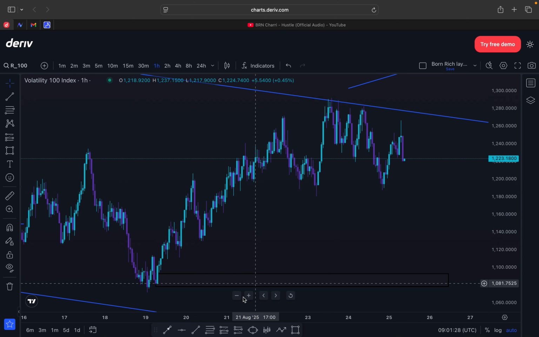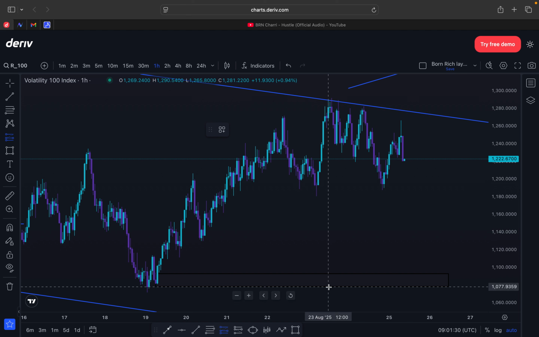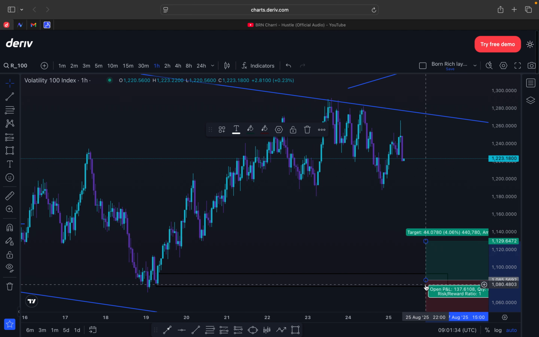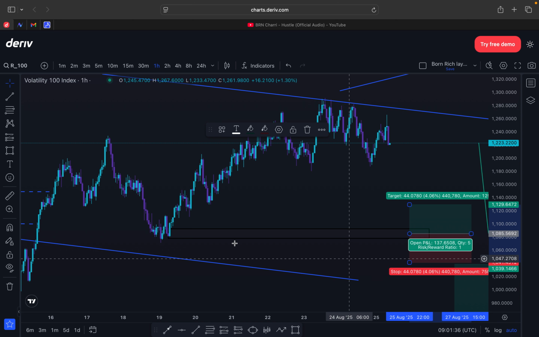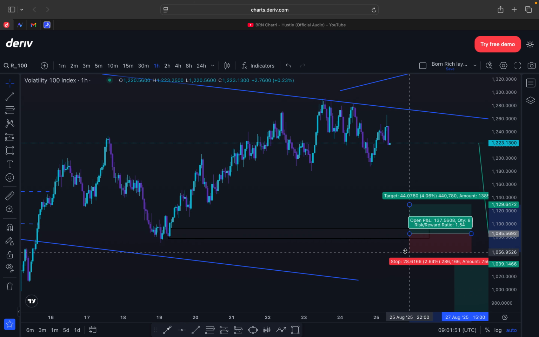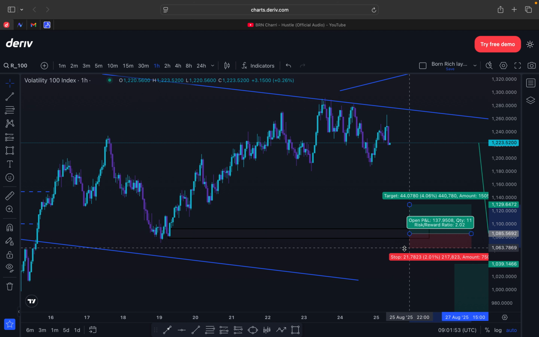Being that this pair is very volatile, I'll recommend you set your SL below the last swing low, okay? Because sometimes it might come to sweep this swing low and then buy. So you don't want to over leverage.